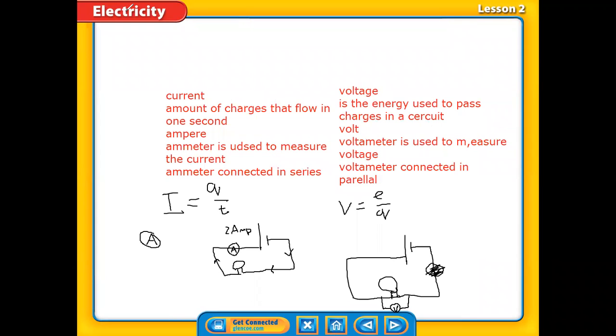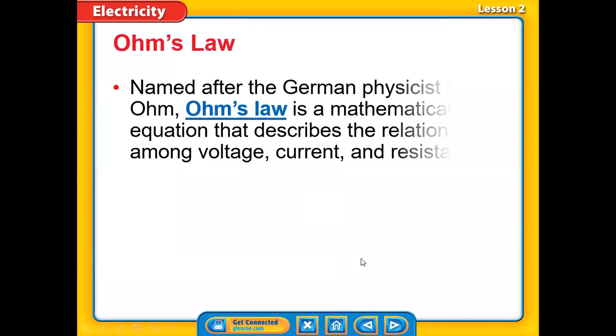So now let's pass to the last part in our lesson, which is known as Ohm's law. The scientist's name is Ohm. Ohm found a relationship between the voltage, current, and resistance. He found that the resistance could affect the current, and the current is also affected by voltage. So voltage, current, and resistance are related to each other.